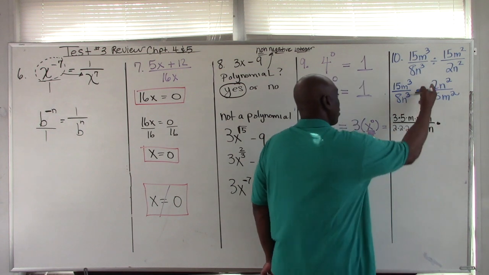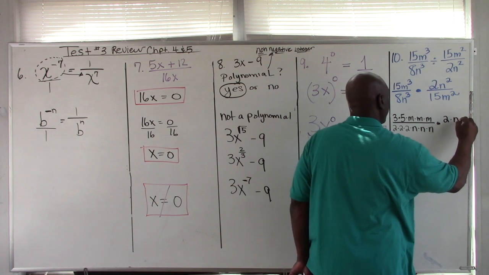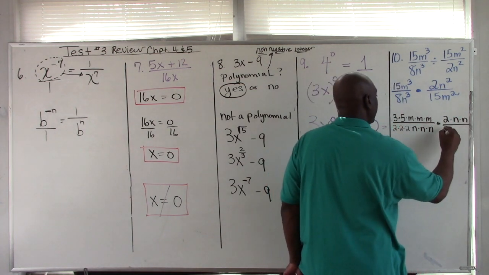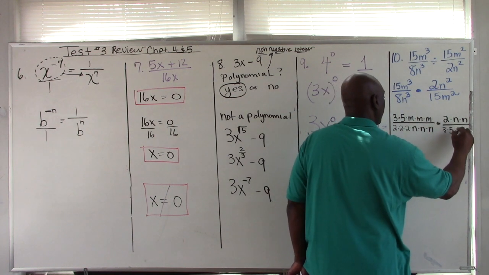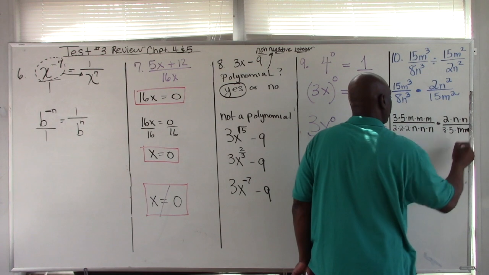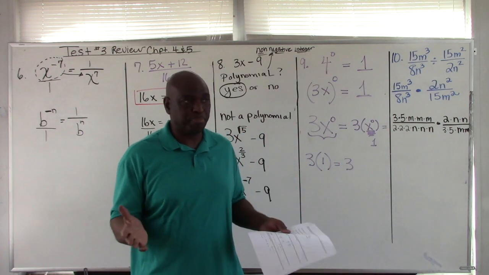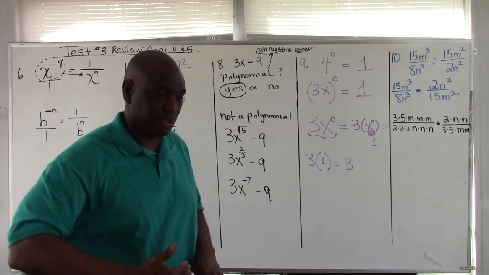Times a 2, and I have 2 n's, 1, 2, over 15, which is 3 times 5, and I have 2 m's, 1, 2. That is doing the absolute most, but it helps you see how things are going to cancel.